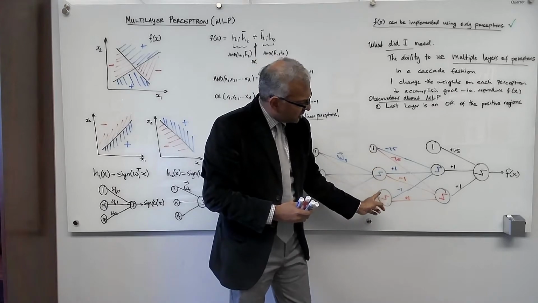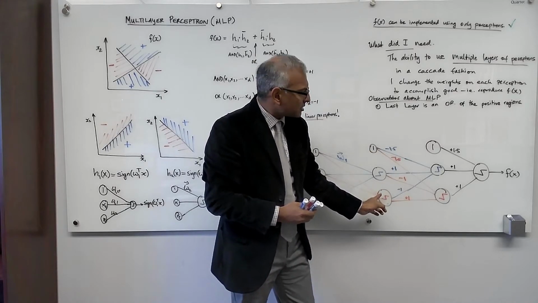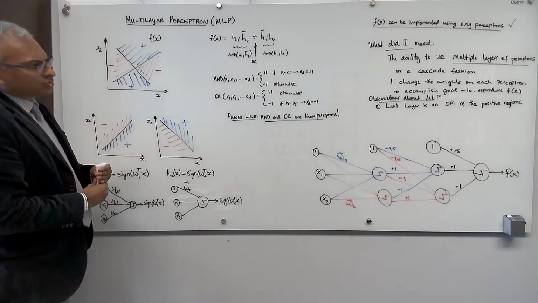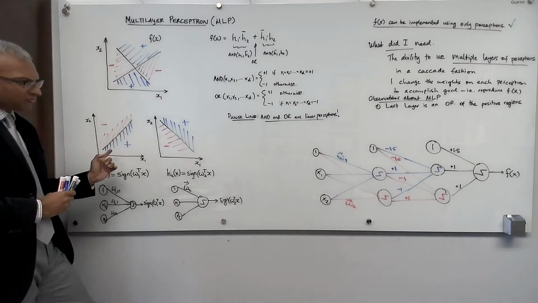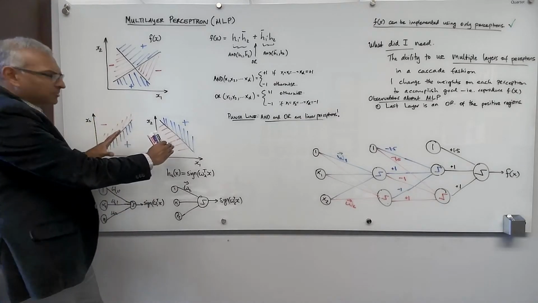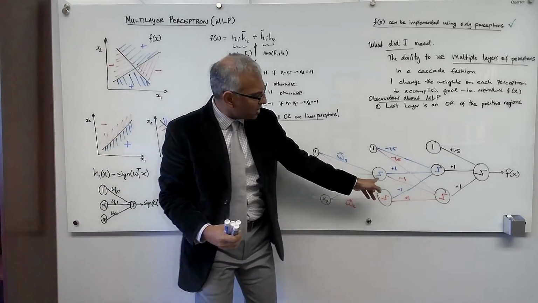The number of inputs in this second layer corresponds exactly to the number of hyperplanes, the number of linear perceptrons that I need in order to decompose f. So here I have H1 and H2.